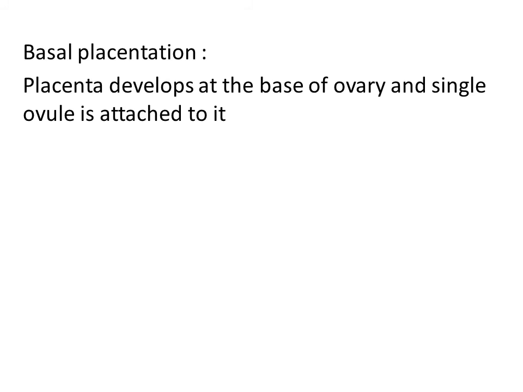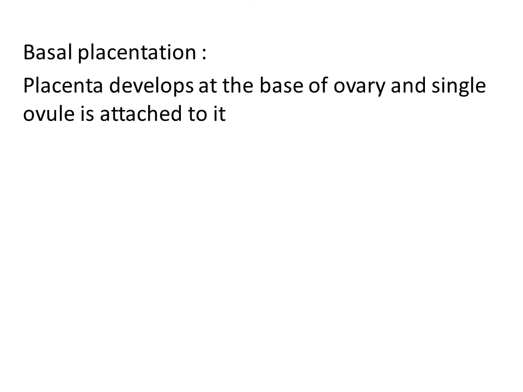If we take the cross section of ovary, we can see the placenta position properly here, because the placenta is located at the base of the ovary and a single ovule is attached to it. The number of ovules in this case is only one, attached to the basal placenta. Because of this, the placentation is called basal placentation.